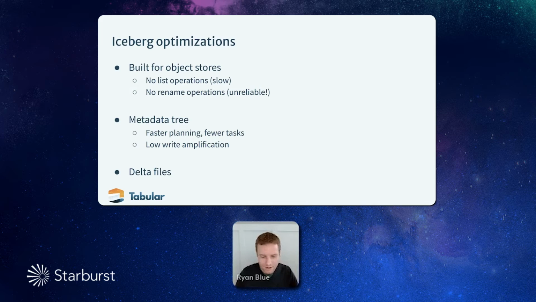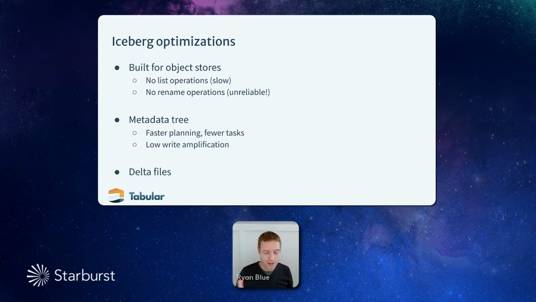Even now that S3 has consistent listing, really what you're doing is waiting for all of the nodes to say, yep, I got that list. So it's a trade-off between the latency of other operations and correctness of your list operation. Iceberg also doesn't use any rename operations, which doesn't really affect the performance all that much.